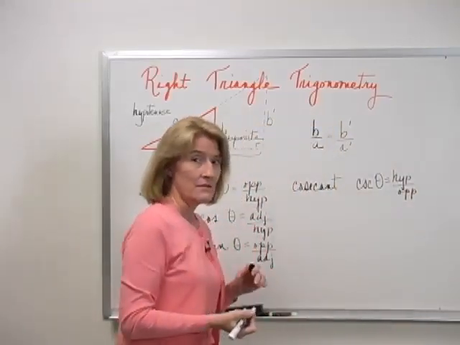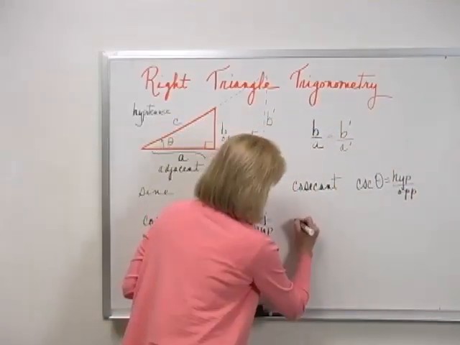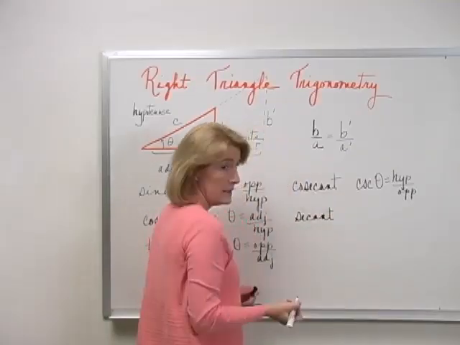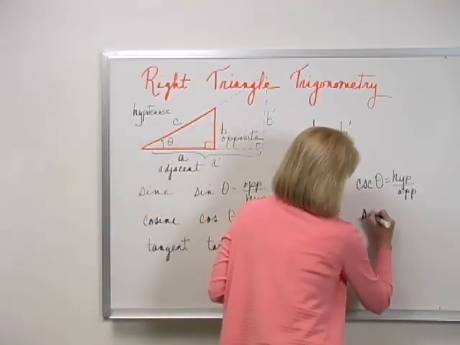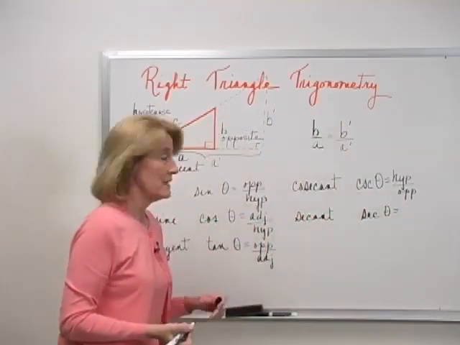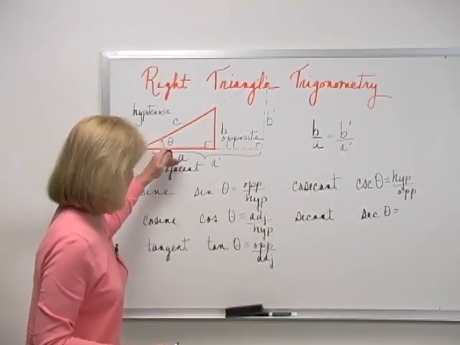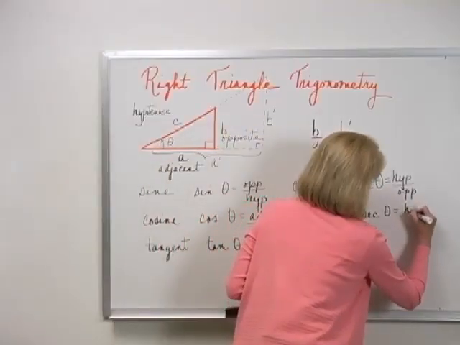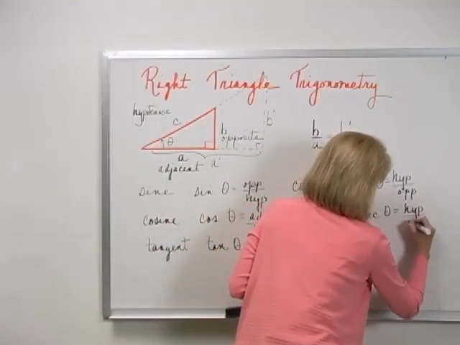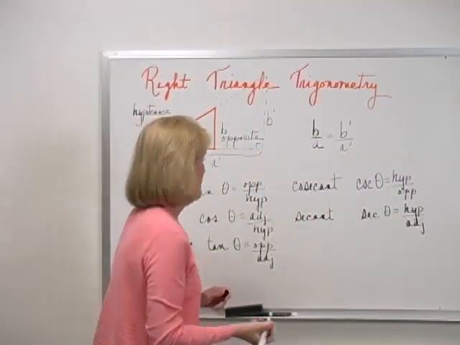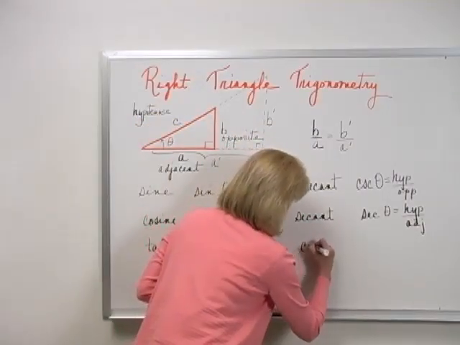Okay. The next one is called the secant. It is abbreviated SEC, and the secant of theta is the ratio of the hypotenuse to the adjacent side. And then the last one is the cotangent.